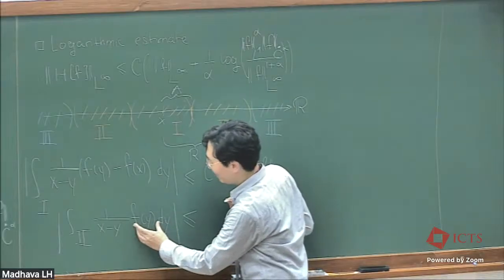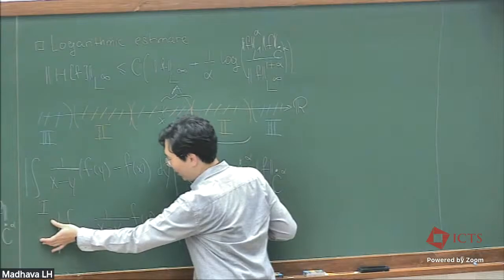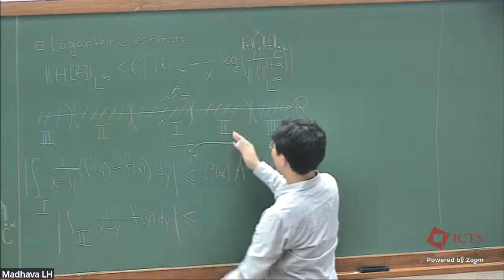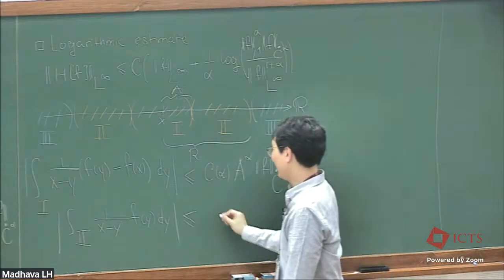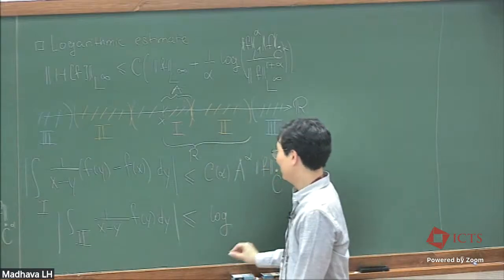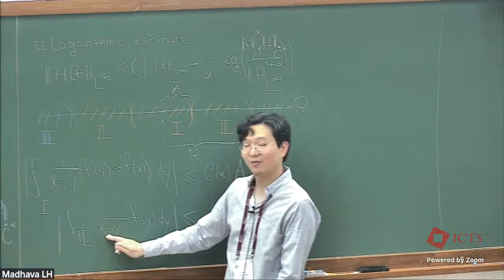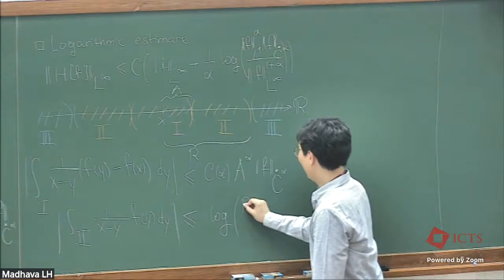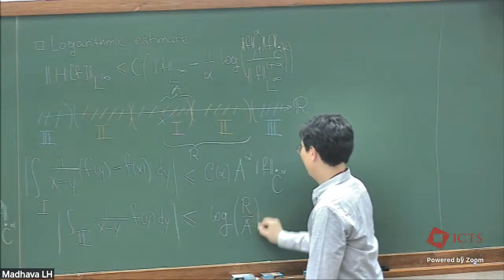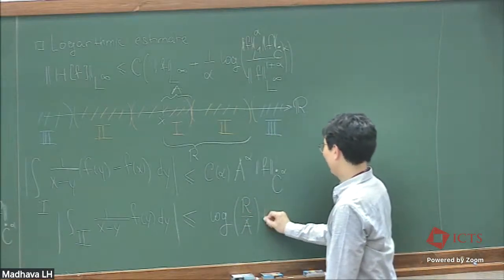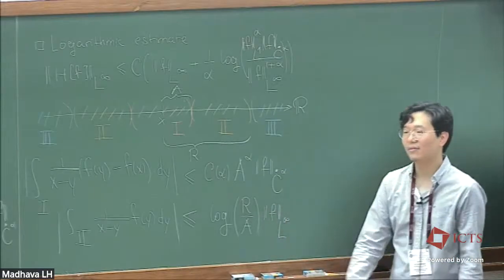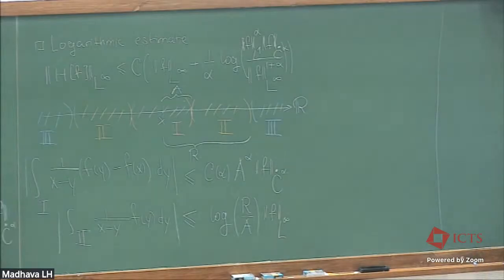You pull f out by its maximum, and you integrate this kernel in this interval. What do you get? You get exactly log, because that's the antiderivative of the kernel, log of R over A, times the maximum. Okay. Very good.